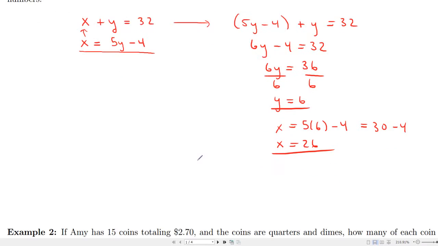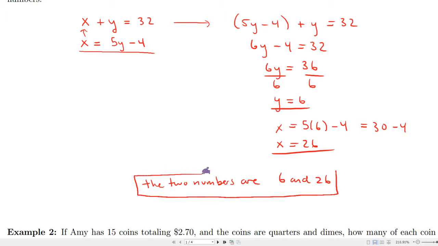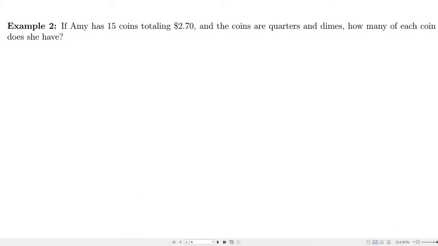Which means that we can really just say the two numbers are 6 and 26. There's no real need to designate them x or y. That was arbitrary to begin with. But what are the two numbers? 6 and 26.